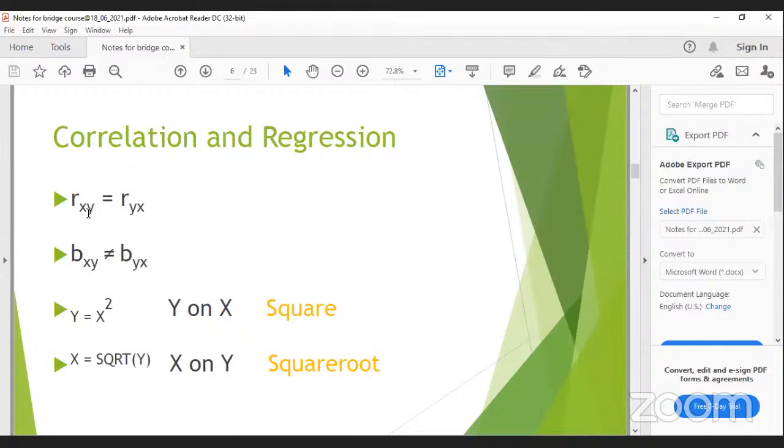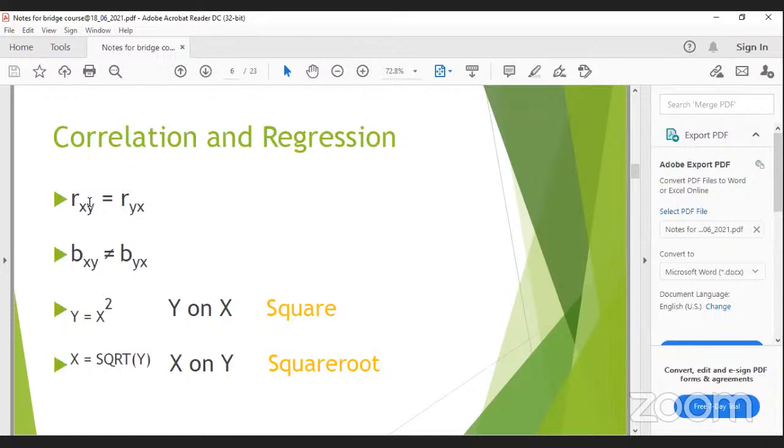R of xy is the same as R of yx, right? Because the correlation between height and weight, and the correlation between weight and height, is definitely going to be the same. So the relationship between x and y, and y and x, is the same; you will get the same answer for the relationship between two variables.